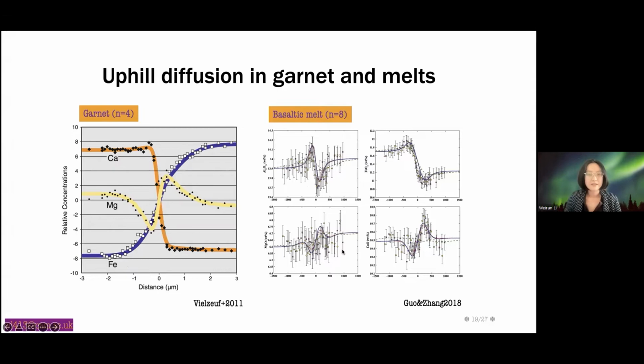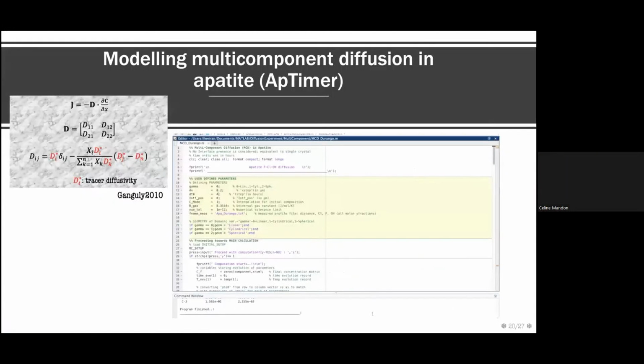These are usually not seen in single component diffusion systems, and usually appear only in multi-component systems, as for apatite. For apatite, we have fluorine, chlorine, and hydroxyl, these 3 components. They diffuse together, and their diffusion is affected by each other's concentration gradient. Therefore, if we want to model the diffusivity of these 3 components, we need to look at their profiles together.